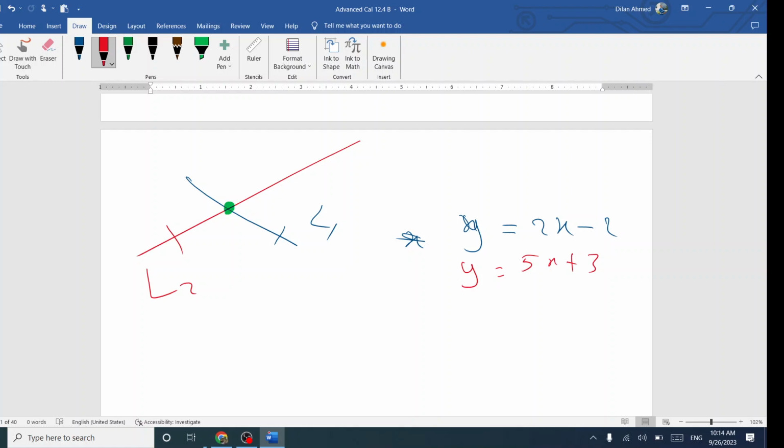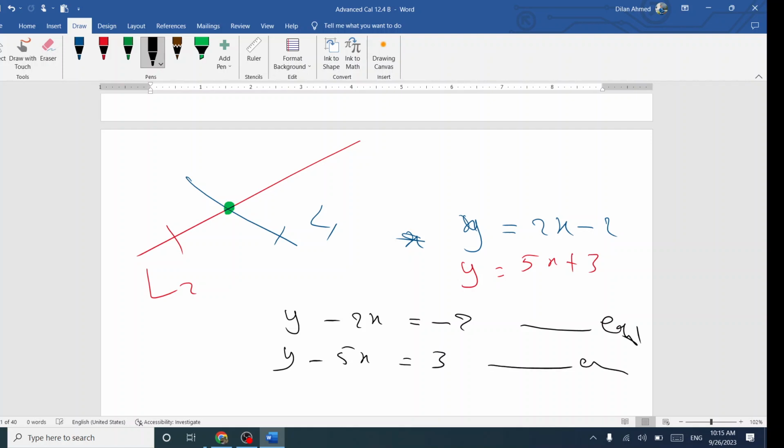So y minus 3x equals minus 2 is equation number 1, and y minus 5x equals 3 is equation number 2.